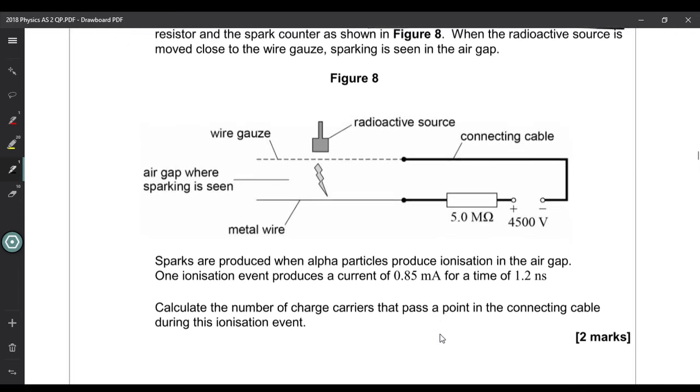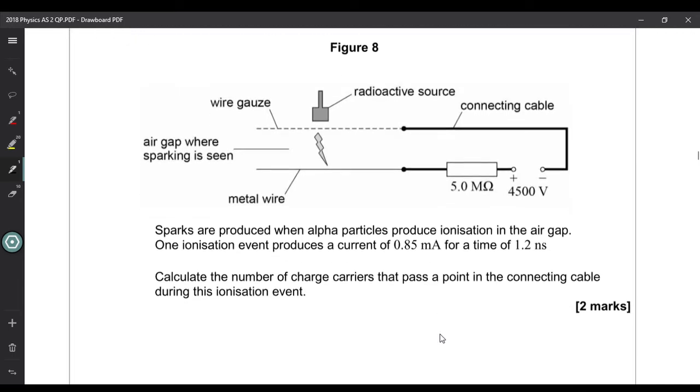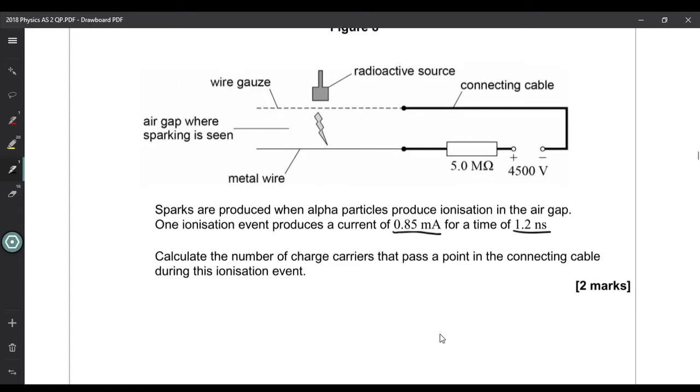So we're given the diagram there. Sparks are produced when the alpha particle produces ionization in the air gap. One ionization event produces a current of 0.85 milliamps for a time of 1.2 nanoseconds. Calculate the number of charge carriers that pass a point in the connecting cable during this ionization event.